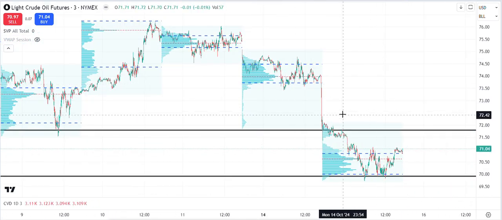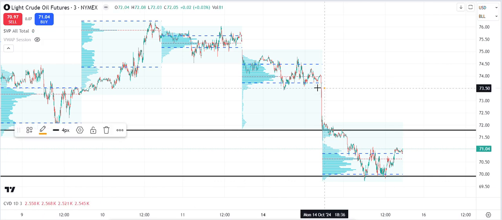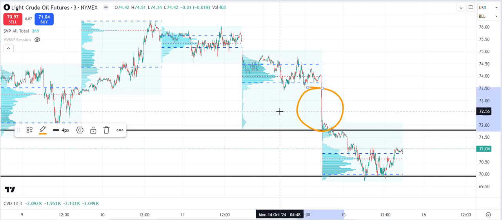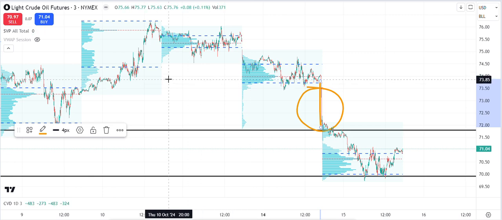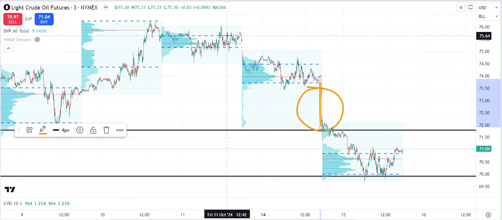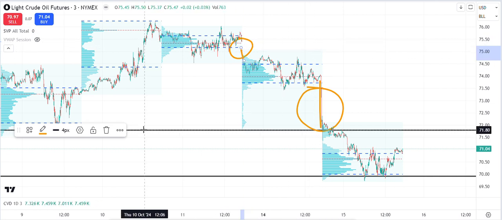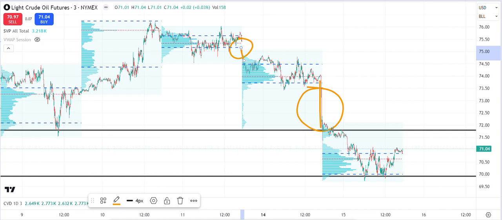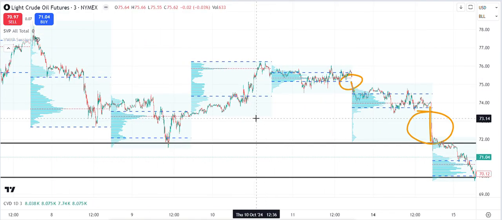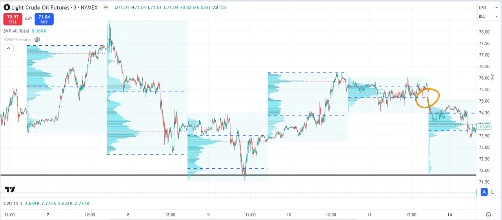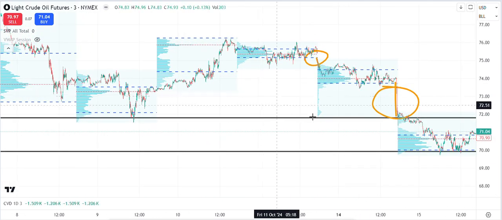So when you have days like this, with these large drop downs overnight, or just a huge change overnight, using volume profile, you're going to expect it to always go to the next known area.